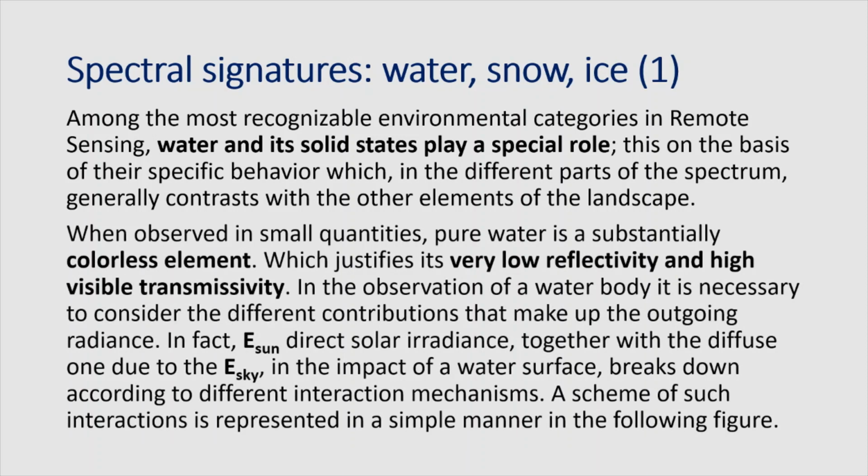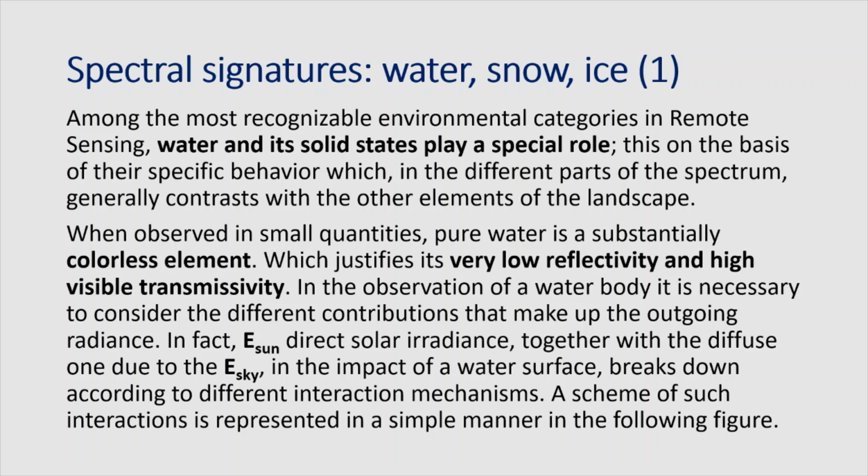When observed in small quantities, pure water is a substantially colorless element, of course. When you have water in a glass, of course, it's colorless, which justifies its very low reflectivity and high visible transmissivity.